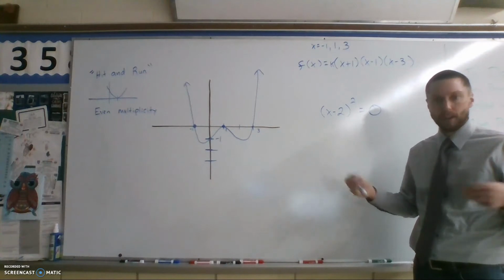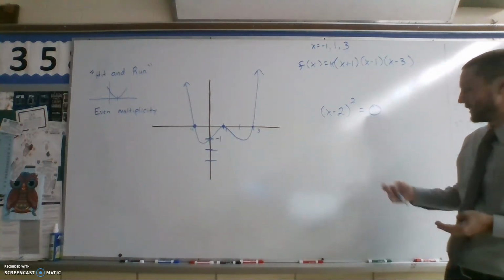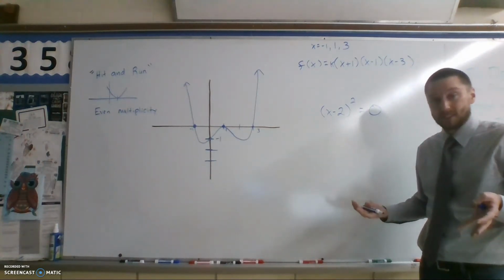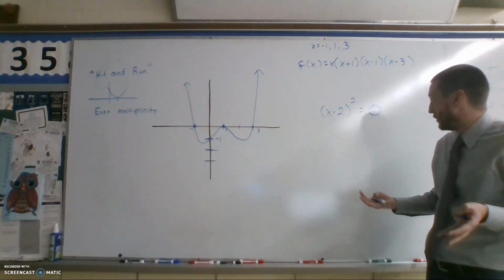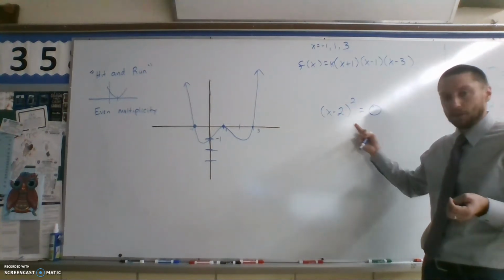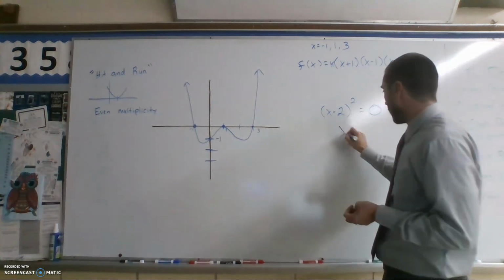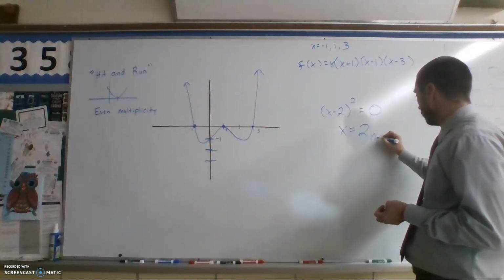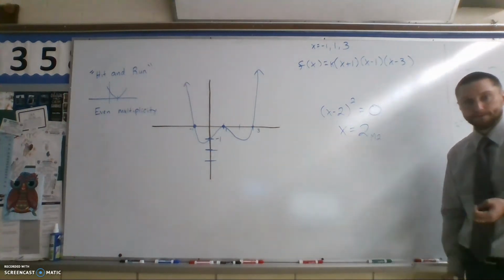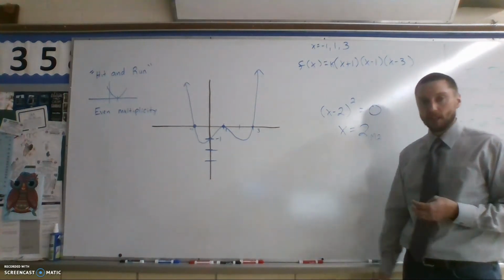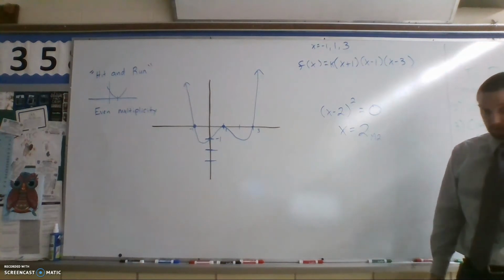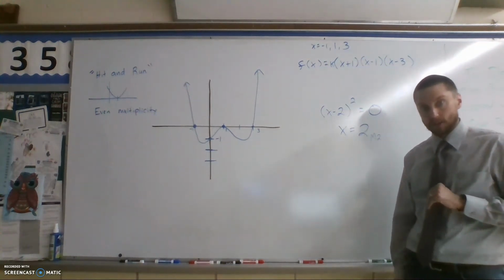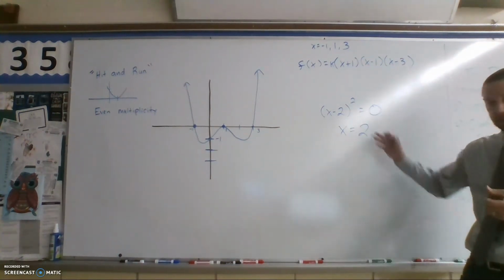So remember, you're supposed to come up with two solutions. So if I need two solutions, how am I going to come up with two solutions? And the way maybe you did this was, you just said x equals 2, and then maybe you put a little m2, multiplicity of 2. Okay? Some of you have seen that before. Some of you have never seen it before, and that's perfectly fine. It's not really that big of a deal.